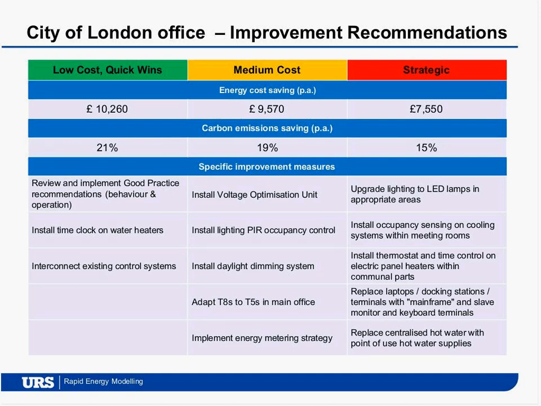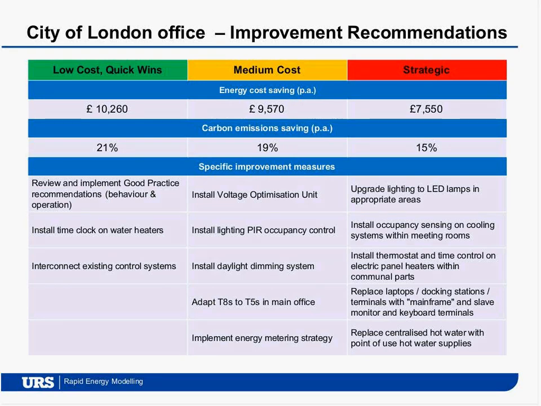There's a whole list of good recommendations which I haven't scheduled out here because it's quite long, but are specific to the building. It's behavioural change and things that can be done at very low cost or for free. So, for example, putting time clocks on things like monitors, or implementing a regime of switching off monitors.